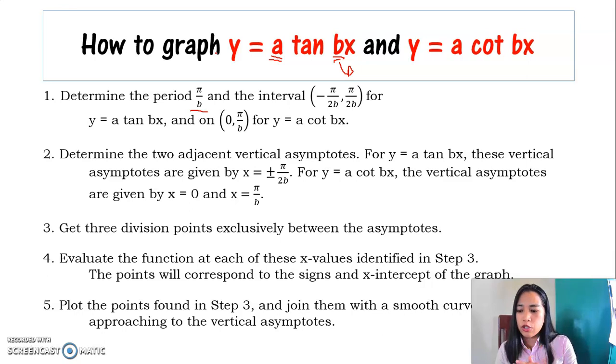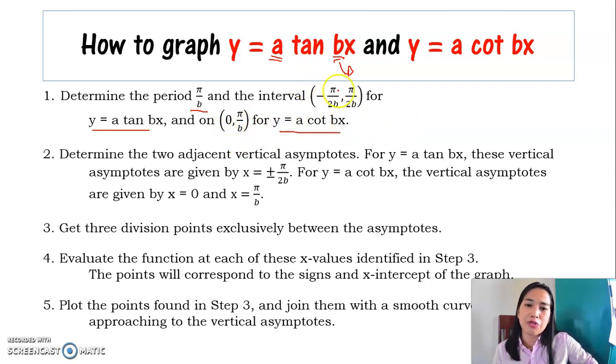It's because 2 pi is the period of both functions. But this time, since pi man ang period ni tangent at ni cotangent, so we have pi over b. So we have the interval negative pi over 2b going to pi over 2b para lang na siya kay tangent function, while 0 to pi over b for y is equal to cotangent function.